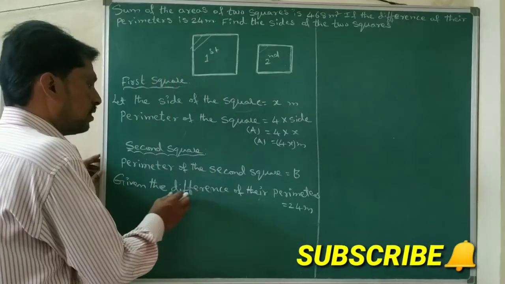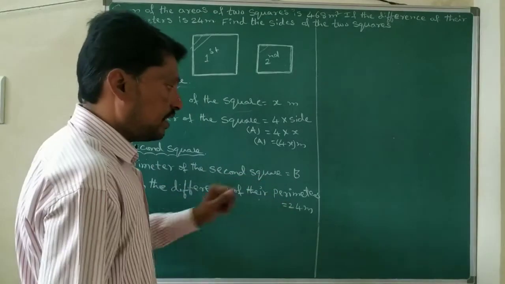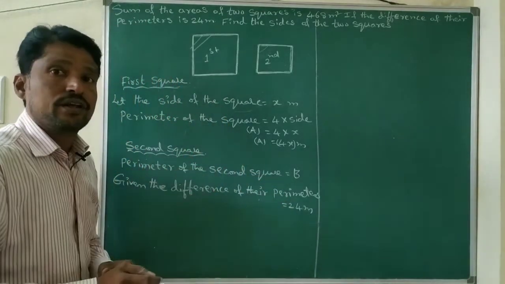The difference of their perimeters is 24. Difference means we need to take the minus.